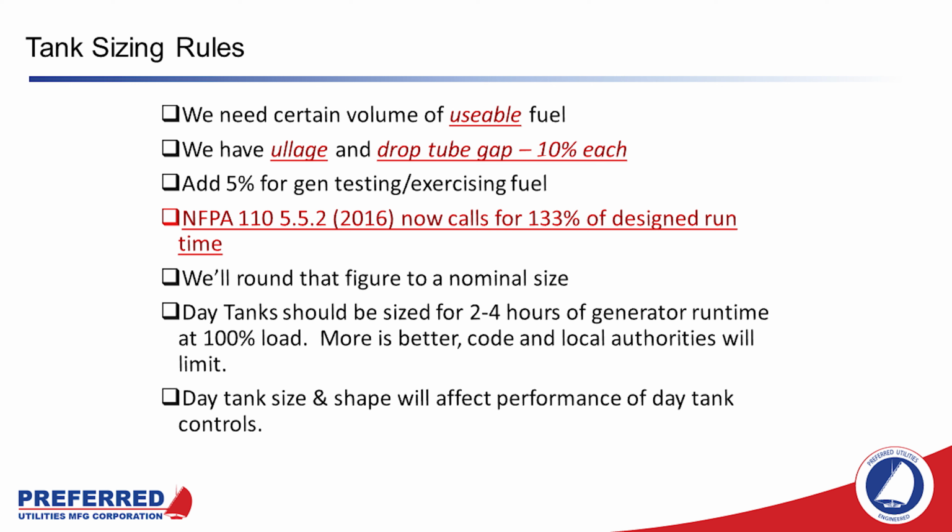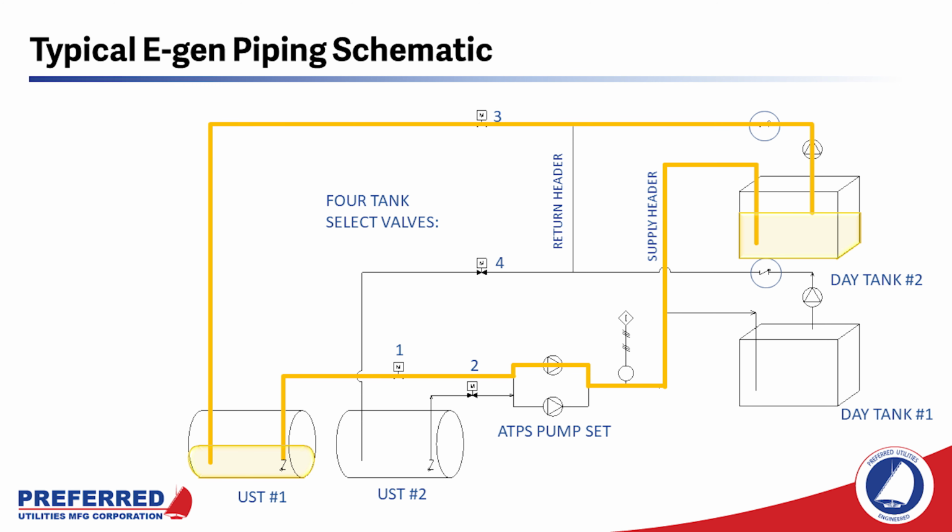So next we're going to talk about the preferred pump and pipe sizing web app. And for that, we're going to provide a little bit of orientation. This is a typical layout that you're going to see for generator fueling.